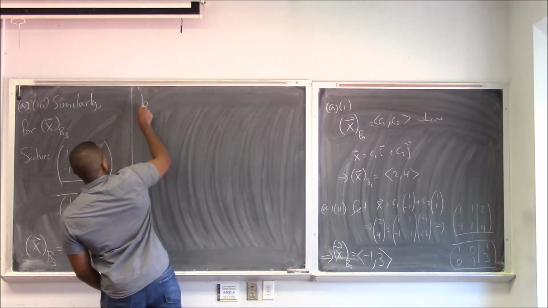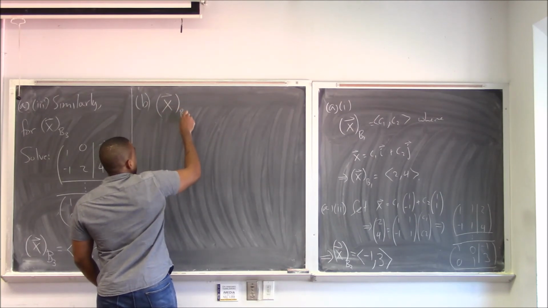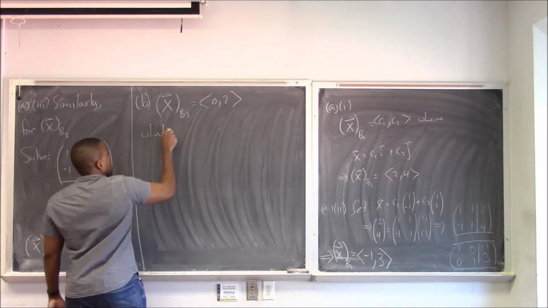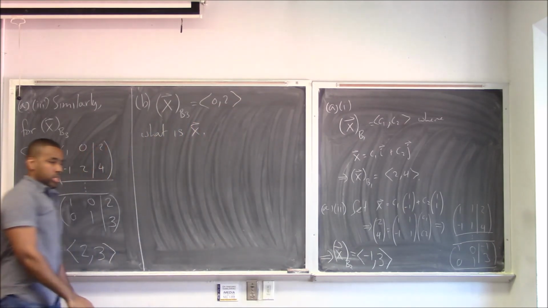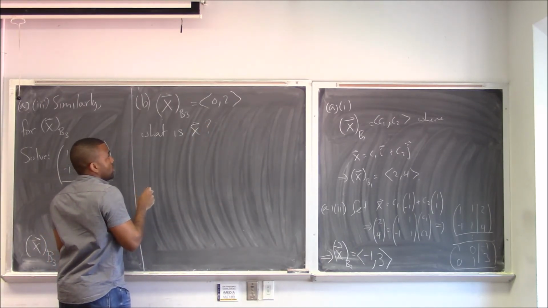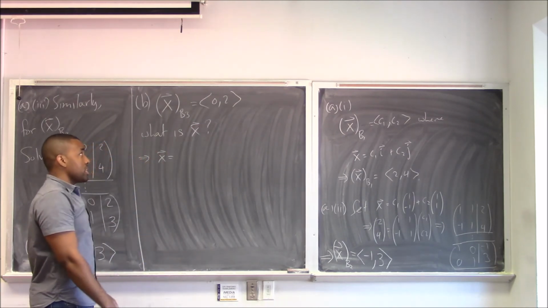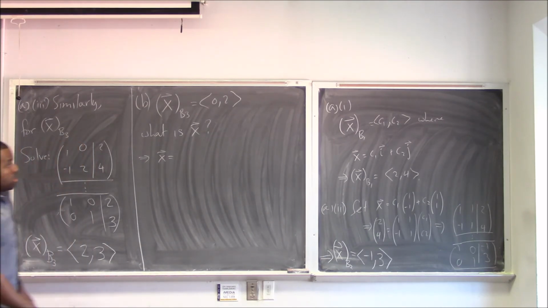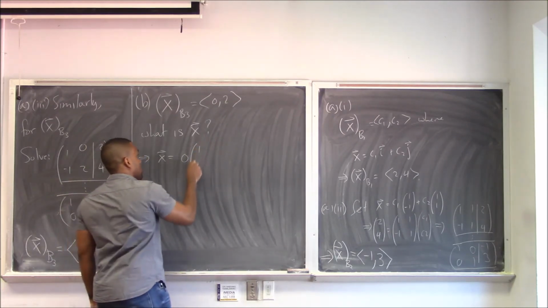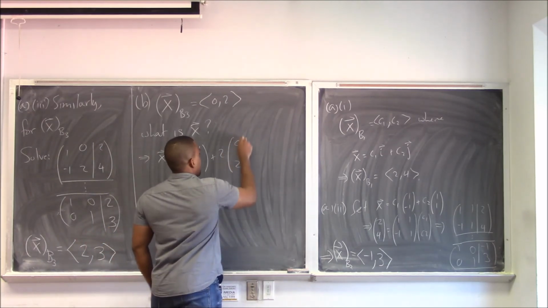And we had another part. Let's say x with respect to B3 is (0, 2). What was x in terms of the standard basis? That's the coordinate for x with respect to B3, meaning the coefficients of the vectors in the basis, so this is going to be 0 times (1, -1) plus 2 times (0, 2).